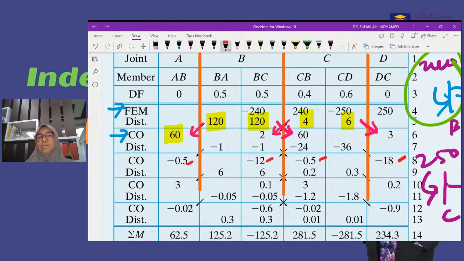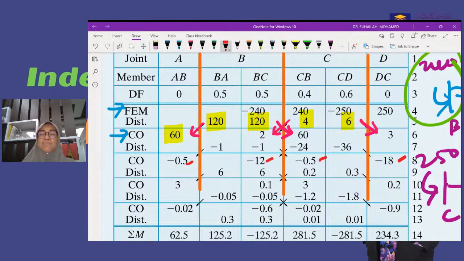At distribution we don't carry the value. We distribute the moment using joint moment times the distribution factor, and then we carry over the moment.